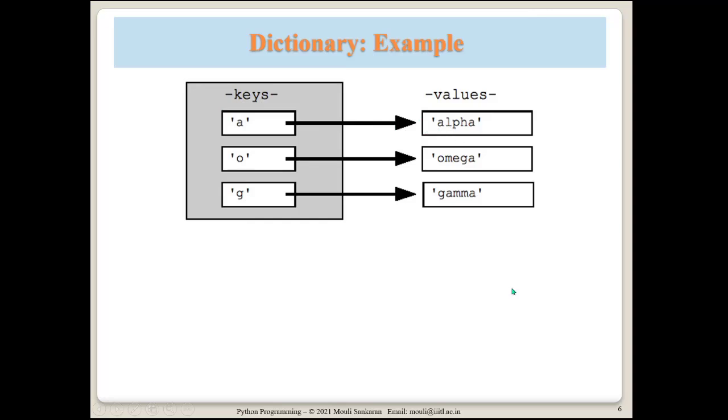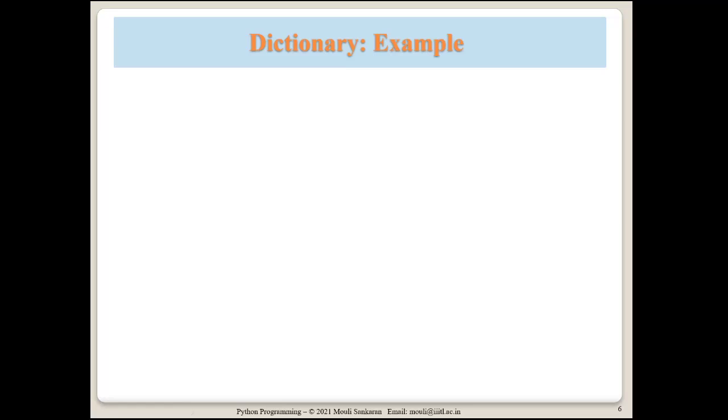Now let us look at how it is implemented, a little bit more detail. Of course, all the data structures that we use in Python are implemented in C. Underneath, many libraries which are very important for execution speed are all implemented in C. So the dictionary is also implemented in C, and it's a structure having a hash, key, and value.